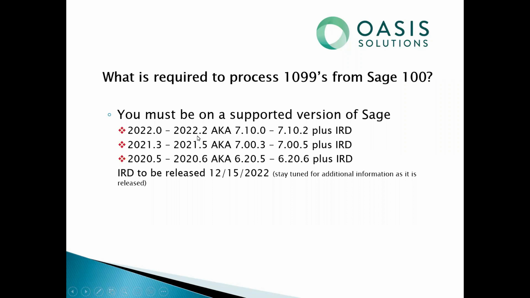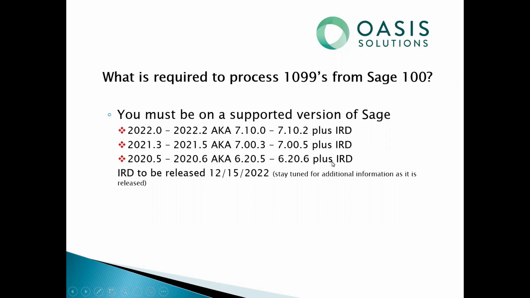So 7.1 is 2022. If you've got version 2021, you should have product update 5. Well, actually, it's product updates 3, 4, or 5. And then if you've got version 2020, you should have product update 5 or 6.